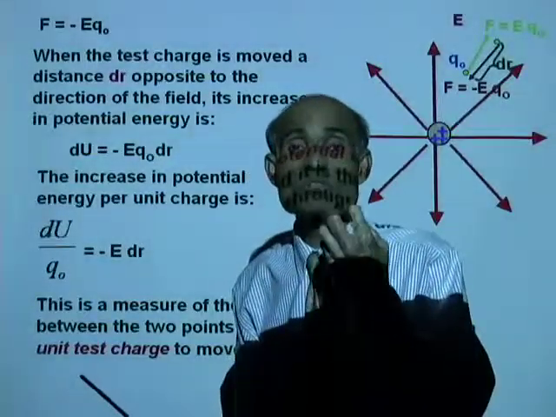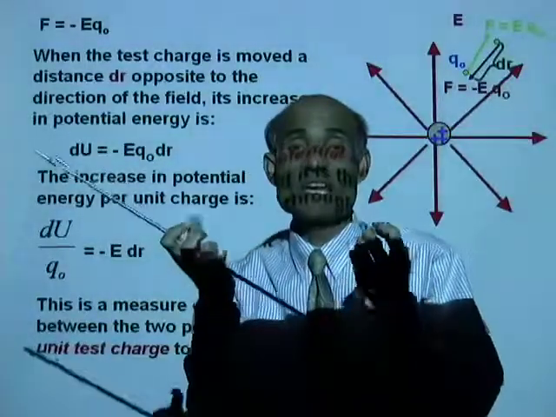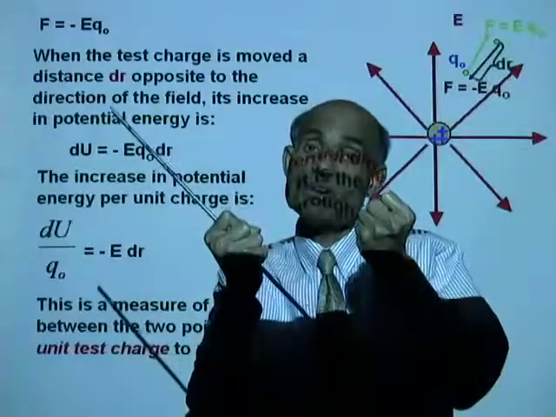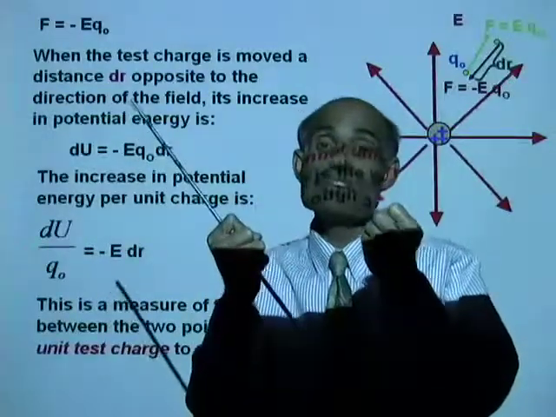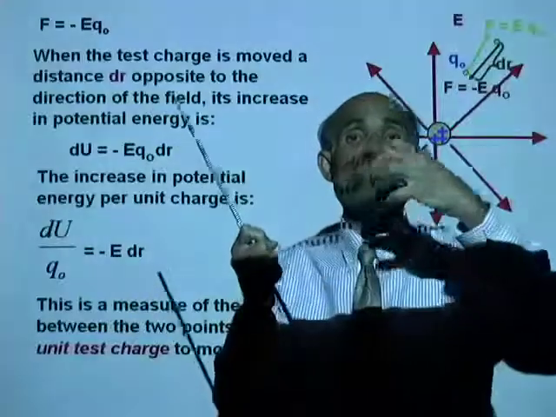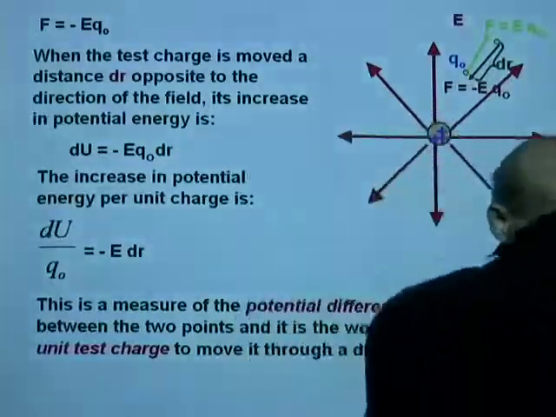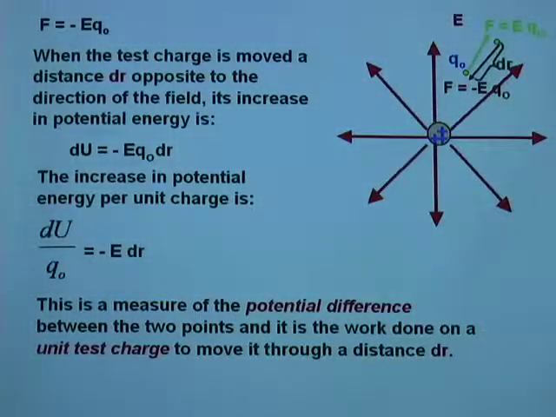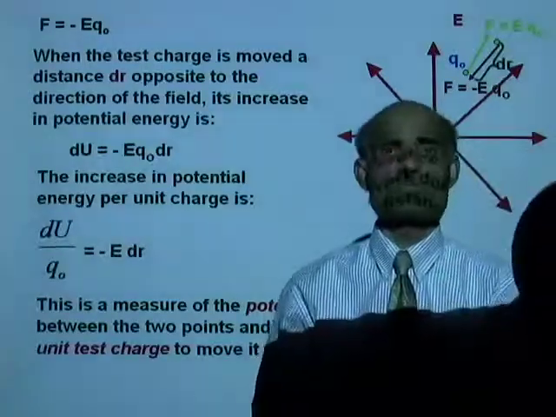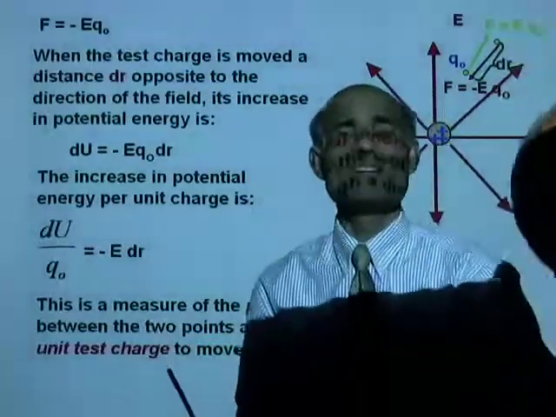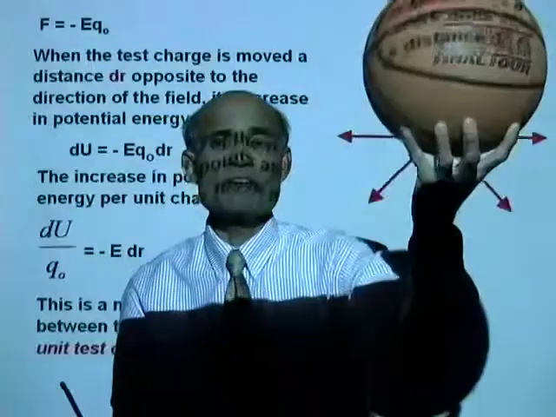Potential difference between 2 points in an electric field is a measure of the work done in moving a unit test charge from one point to the other. Now, it is similar to the potential difference between 2 points in the gravitational field.